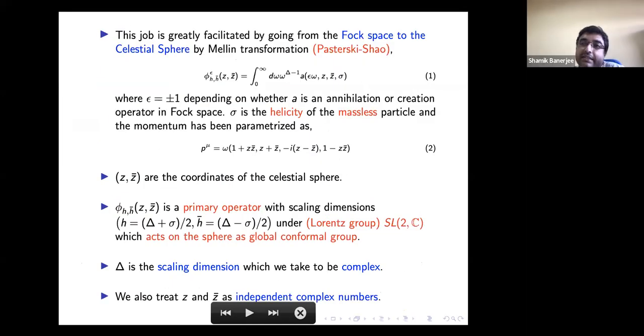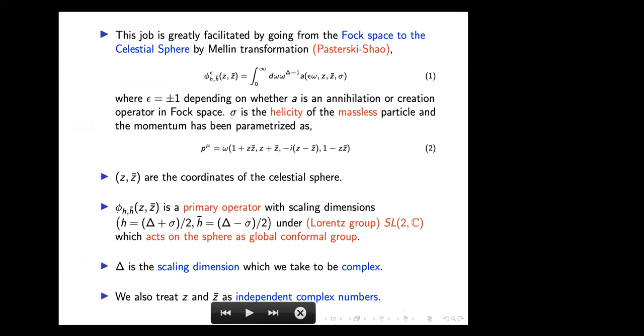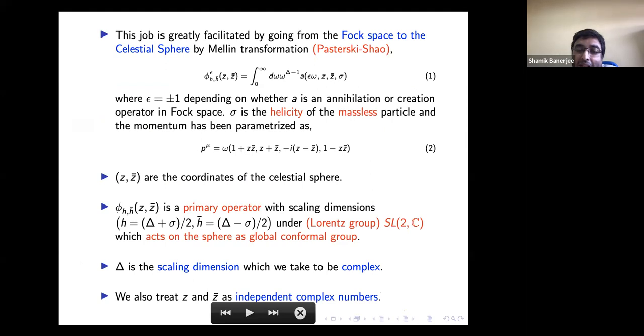Do you have any sense of where in retarded time this is? In this work with Alok and so on, we argued that the celestial sphere should be near u equal to minus infinity. Here, of course, we don't have a sense of u because this directly comes from the momentum space where I have this energy and this z, z bar.